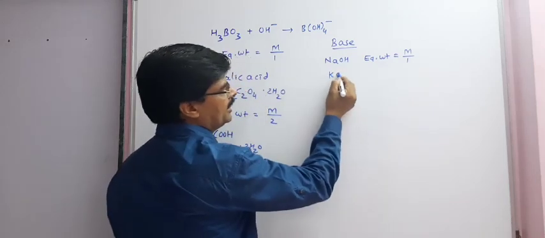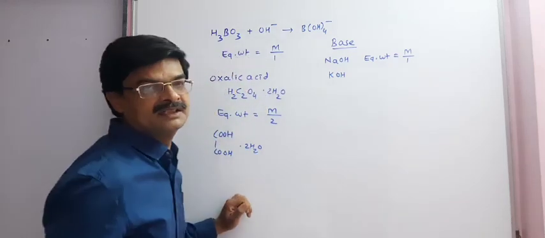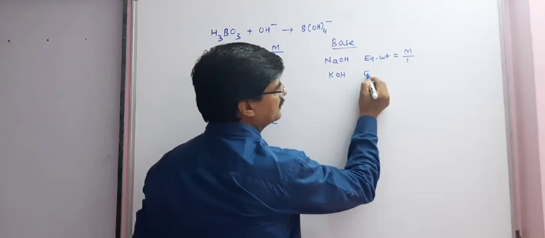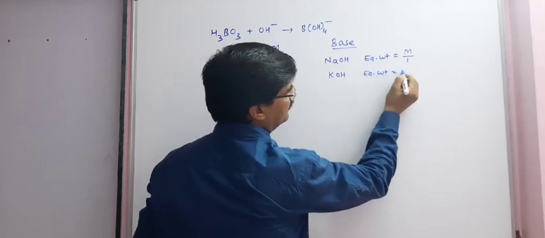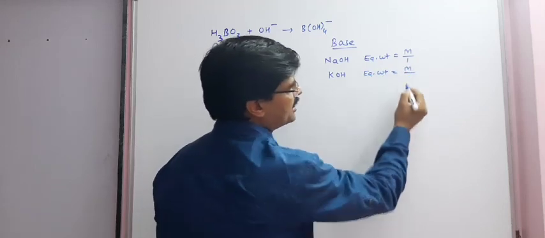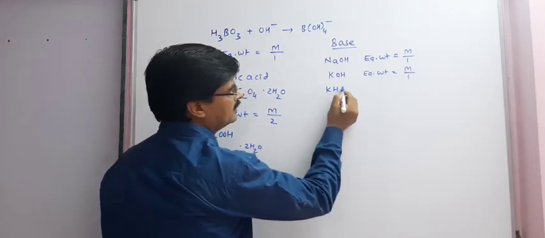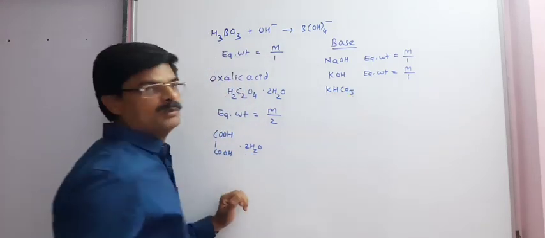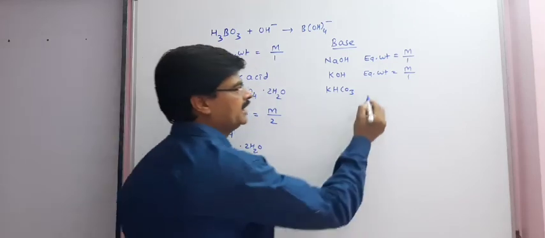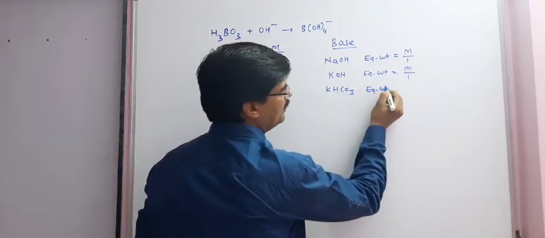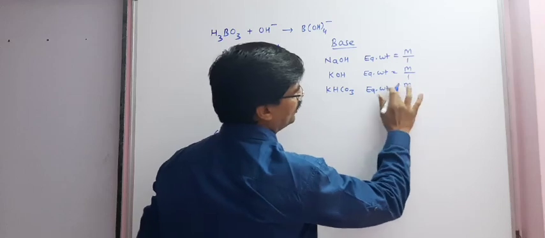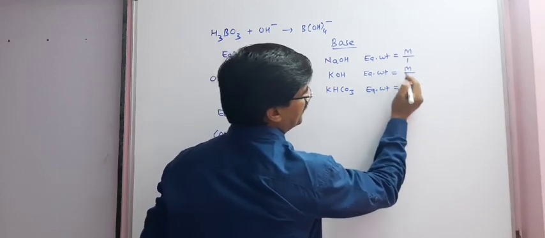In the same way for KOH, potassium hydroxide, equivalent weight is equal to molar mass of KOH divided by 1. For KHCO3, potassium hydrogen carbonate, equivalent weight is equal to molar mass divided by 1.